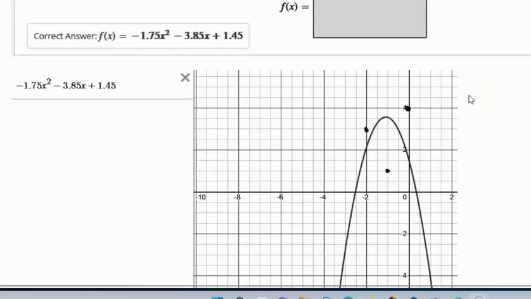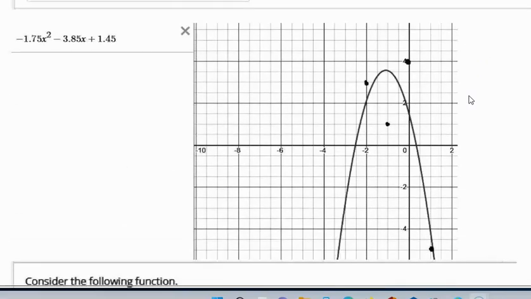Now, as we scroll up, what I've done is I've gone to Desmos, and I captured that screen. I put in the quadratic equation they gave us, which is this, and this is the graph that I got out of it.